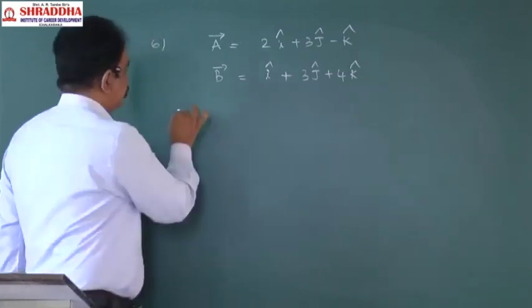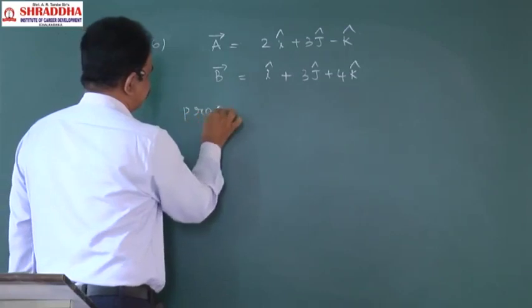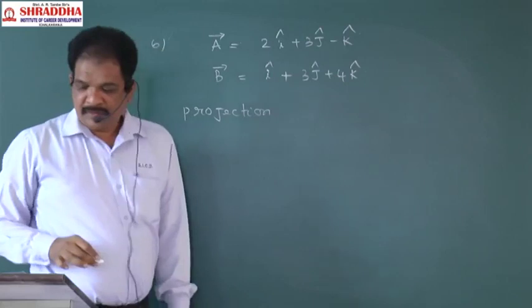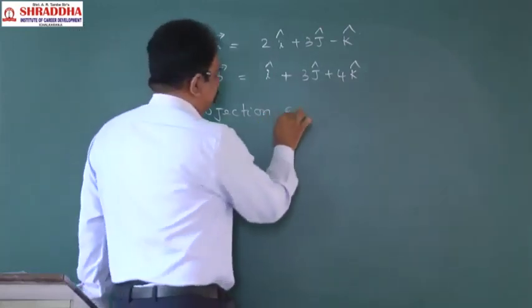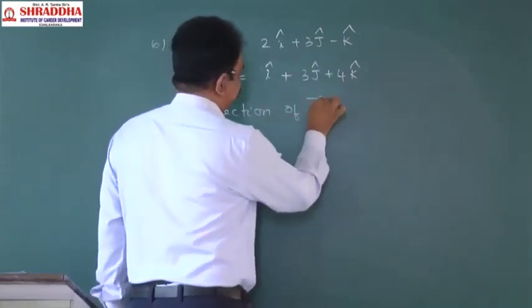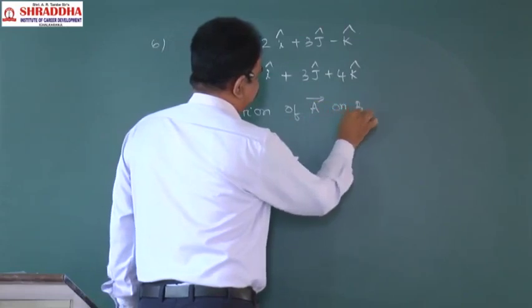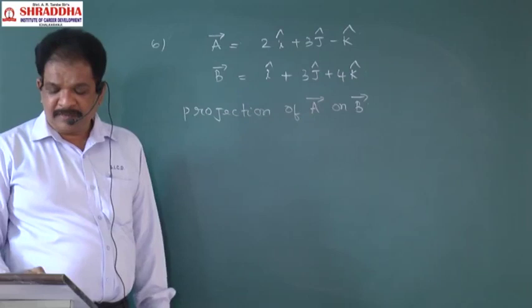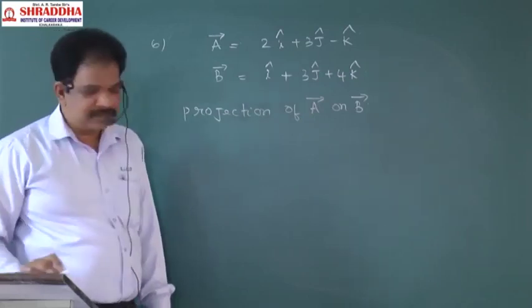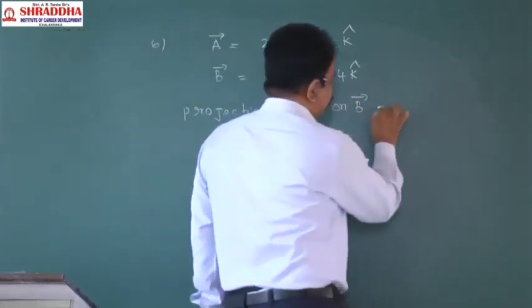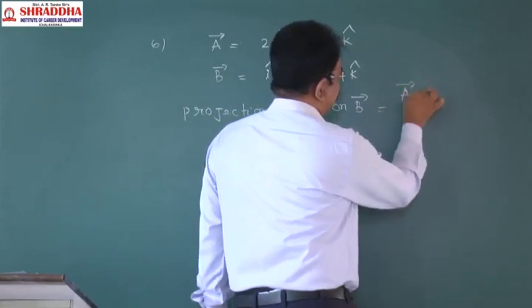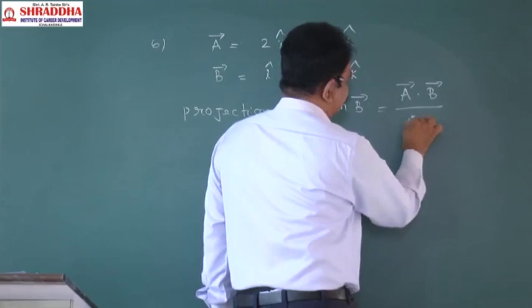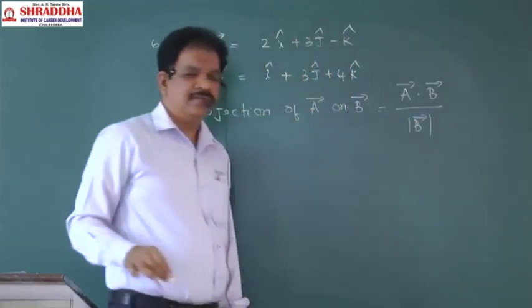Then projection of A bar on B bar means that value will be equal to A bar dot B bar by modulus of B bar. This is the formula.